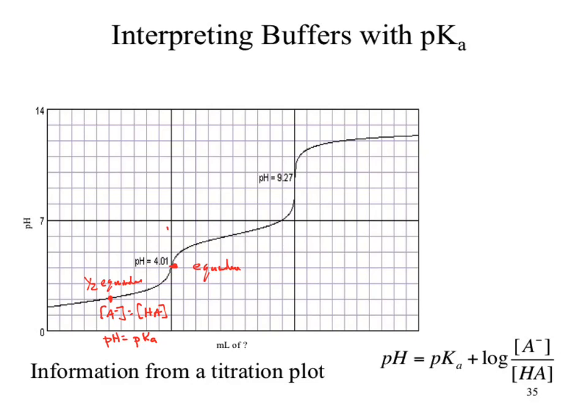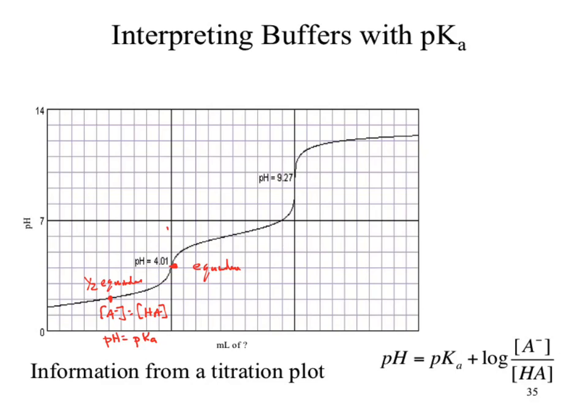So, question? Just thinking about it. Is that all the information that's on this curve? So it just goes whoop and it stops. What happens as we add more base? The same thing. What happened as we added more base? The pH changed suddenly and then all of a sudden leveled out.